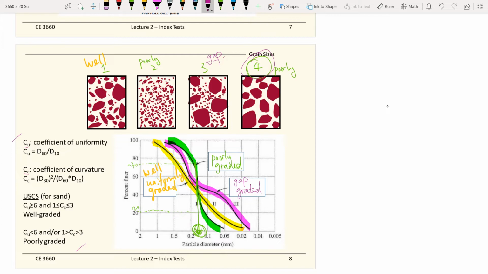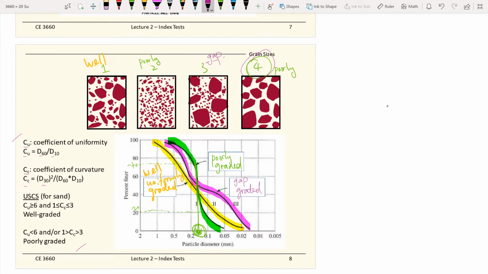Those parameters are defined by D60, D10, and D30. D30 means the diameter at 30% passing. When you have a grain size distribution curve, you know at 30% passing what the corresponding diameter is. Same for D10 and D60. We will do examples after this, which I hope will help you visualize what D10, D60, and D30 are.